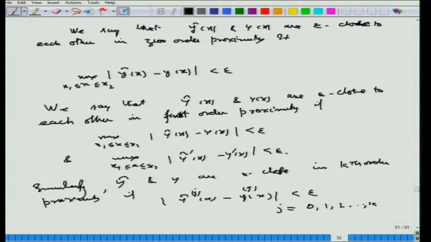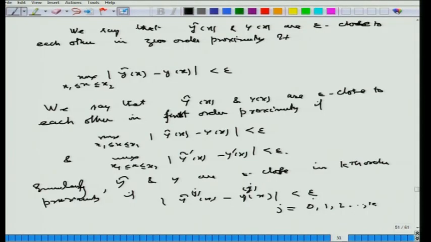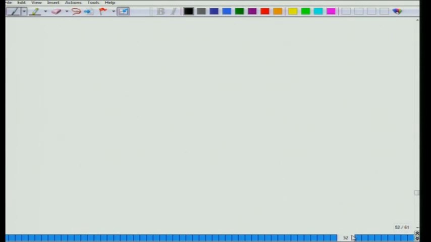Similarly, we can extend it to k order proximity in the same manner, that all the derivatives, y tilde^(j) minus y^(j), where this is the jth derivative, are epsilon close to each other. So, the difference between the ordinates of the jth derivative is less than epsilon in absolute value, where j is 1 to k.